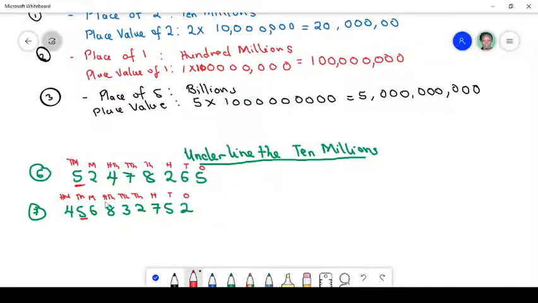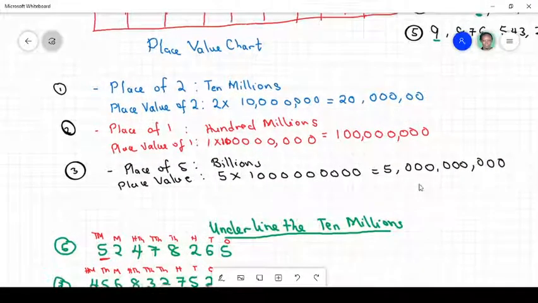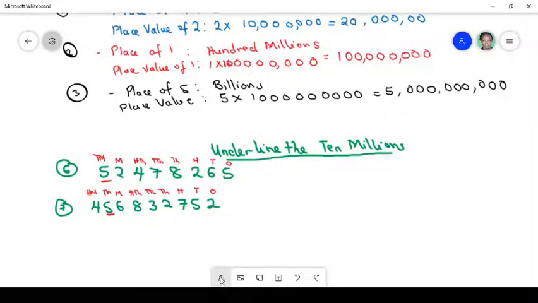So you see how much easier it is if you are using the place value chart to mention your figure. If I was mentioning this figure, we said we separate by 3 digits from right to left.